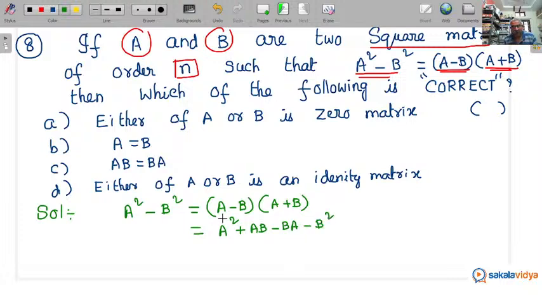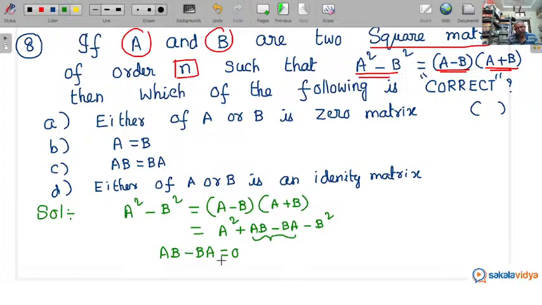Clear? So now if you bring a square to this side and minus b square to this side, the a square minus b square cancel. Obviously we have ab minus ba is equal to the null matrix O.